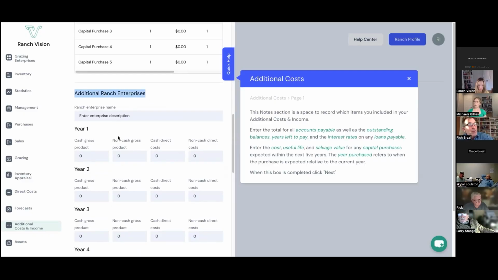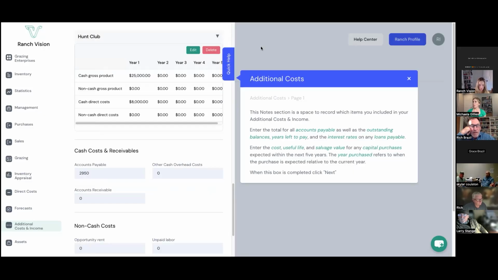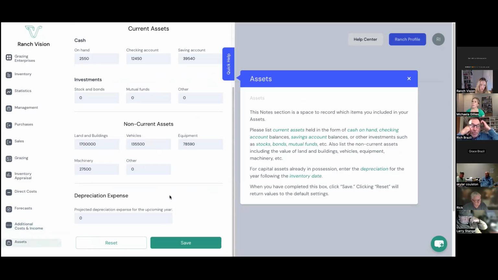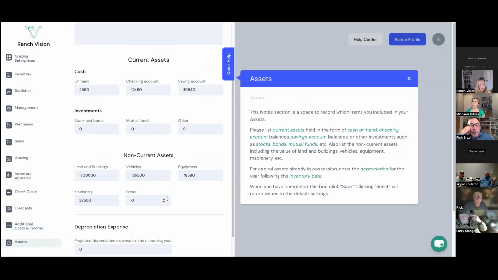If there are any other non-grazing enterprises, in addition to your grazing enterprises, maybe you put up hay, maybe you have a hunting club, maybe you have events, maybe you have honeybees, chickens, all kinds of things. You would enter those enterprises here, and it's going to incorporate that into the overall big picture. And then, if you have outstanding receivables, you would enter those as well. Outstanding payables, and different overhead costs.